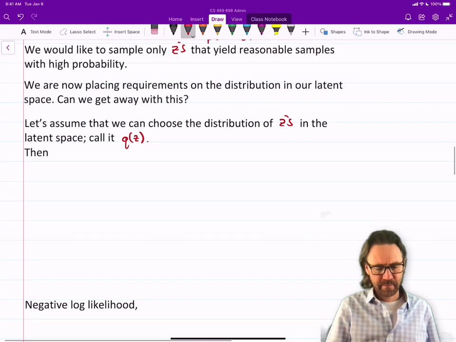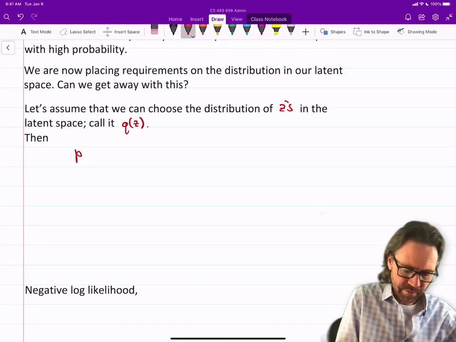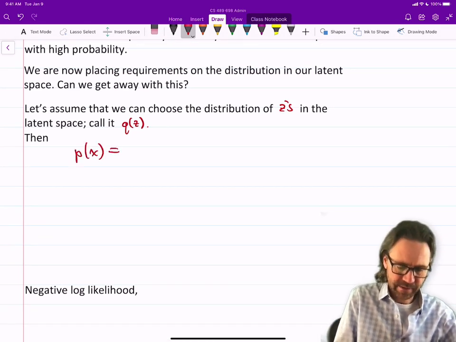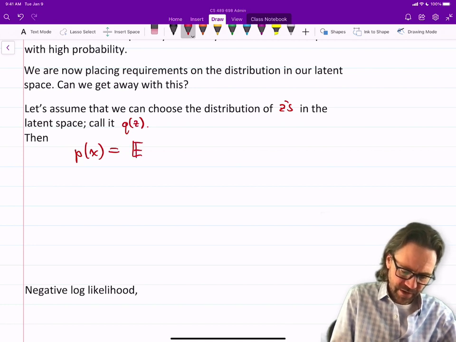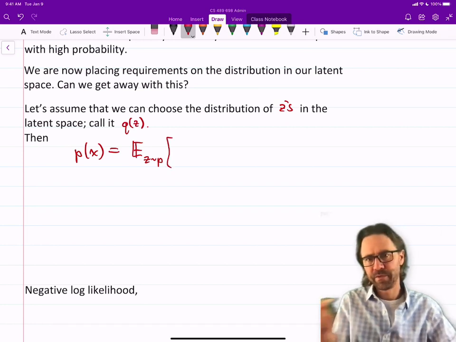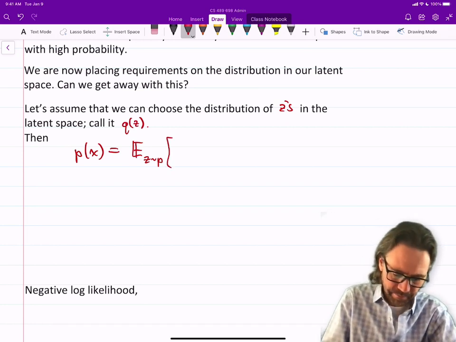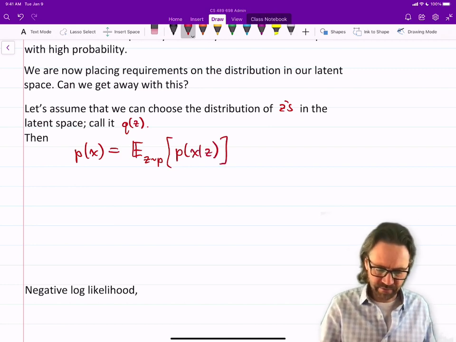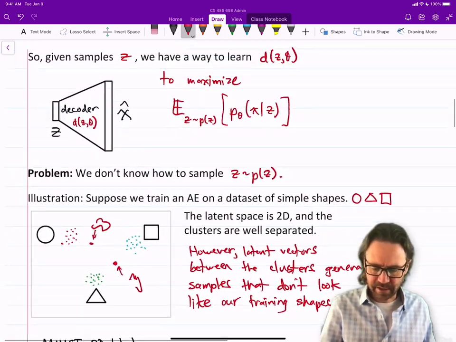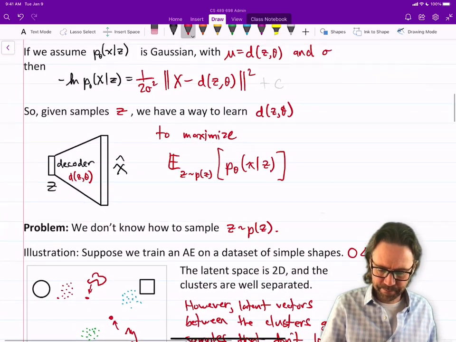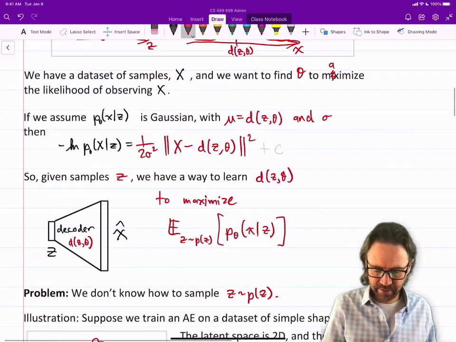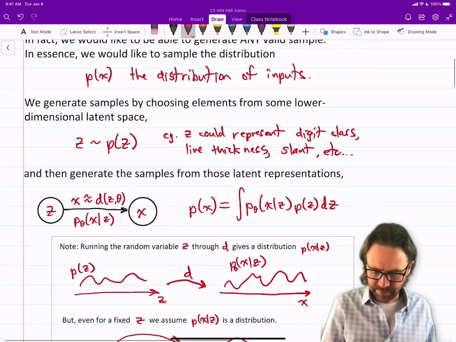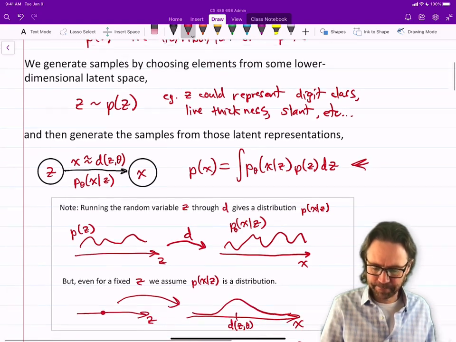Then we can evaluate the probability of X as the expected value. This is what we had before. Z was taken from some unknown distribution P of Z before, and where you evaluate P of X given Z. That's basically the sampled equivalent of this thing here.